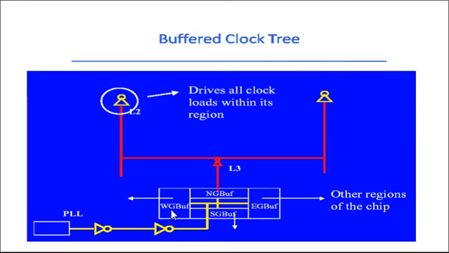This is a west side edge buffer, this is the north side, this is south side, and this is the east side. And on every line you can apply the buffers, and you can avoid the central high capacity buffer.